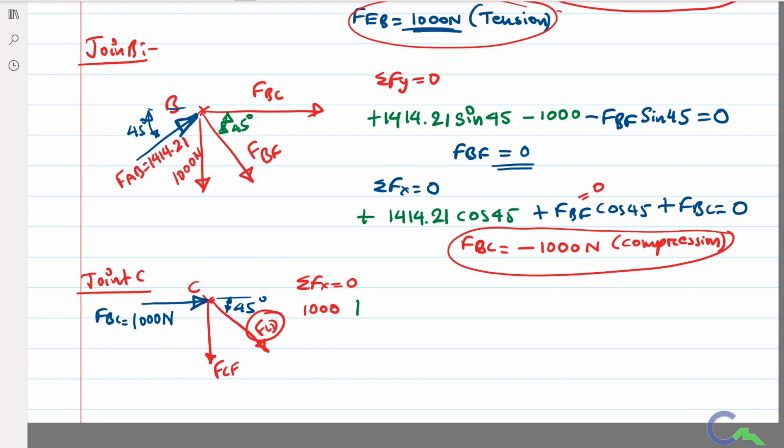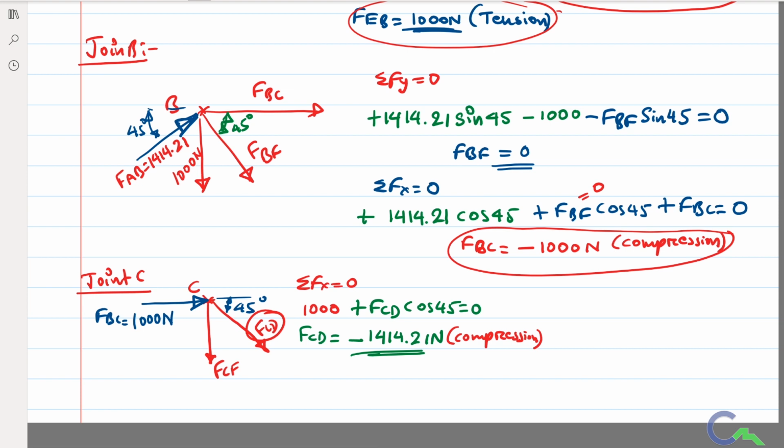Therefore plus FCD cos 45 is equal to 0. Therefore FCD is equal to minus 1414.21 Newton. That means our assumption is wrong. This member is in compression.